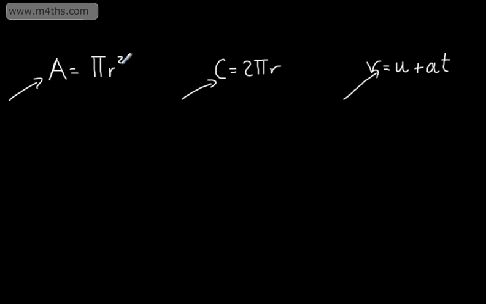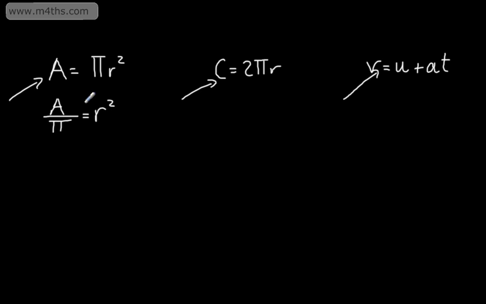If we think about it, r was squared and then multiplied by pi. So all I'm going to do is work backwards from that. So the first thing I'm going to do to make r the subject of the equation is divide both sides of the equation by pi. That's going to give me that A over pi is equal to r squared.